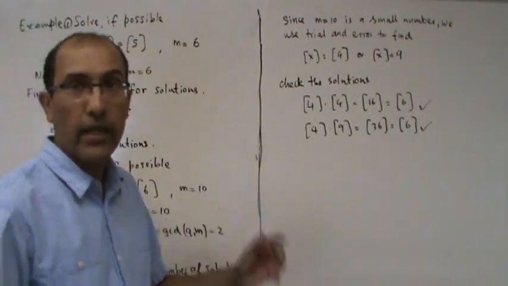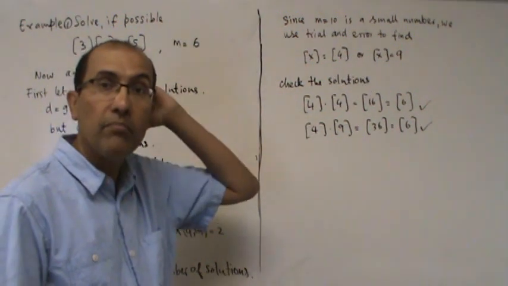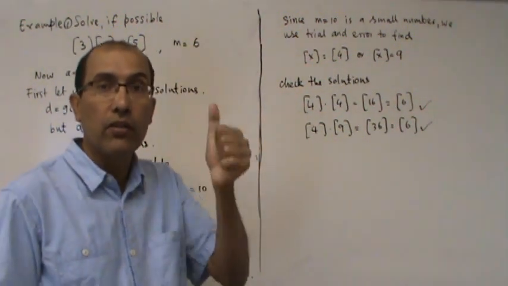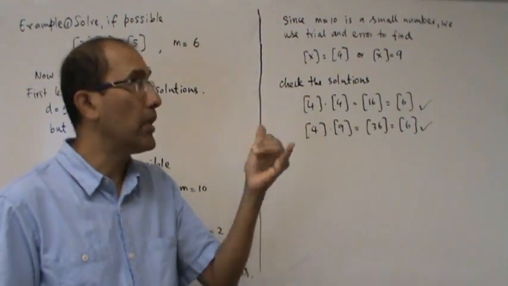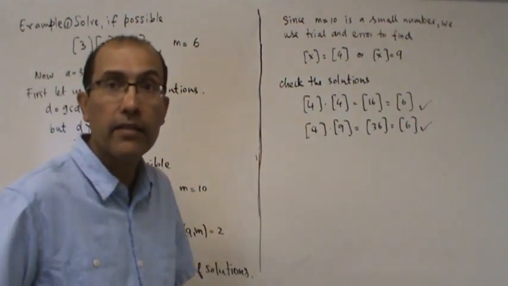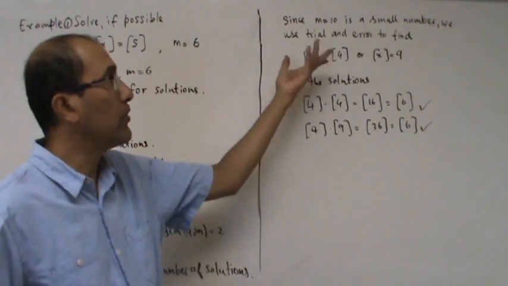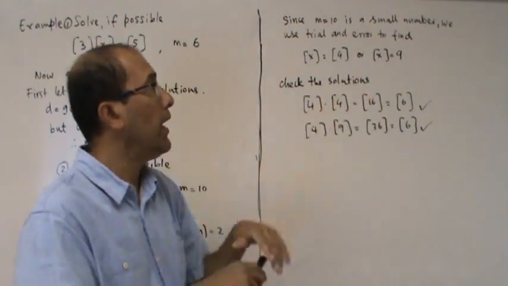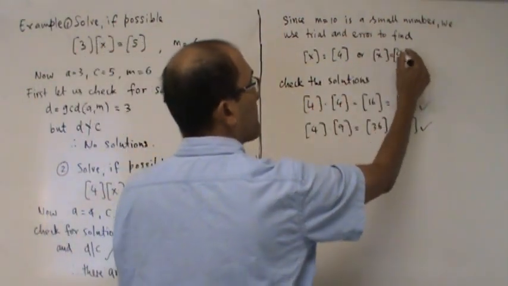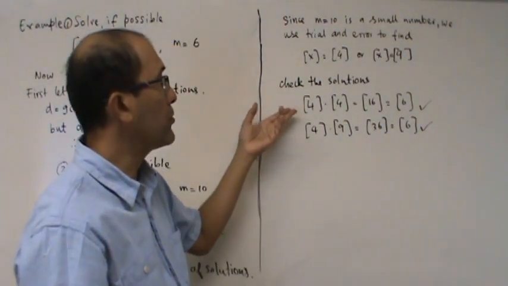Now in this case we can be lazy and cheat, because m is a small number. The possible solutions are 0, 1 up to 9, because we are in congruence classes modulo 10, so you can just use trial and error and you will find that 4 and 9 are the two solutions. You plug that in and you can check your solutions.